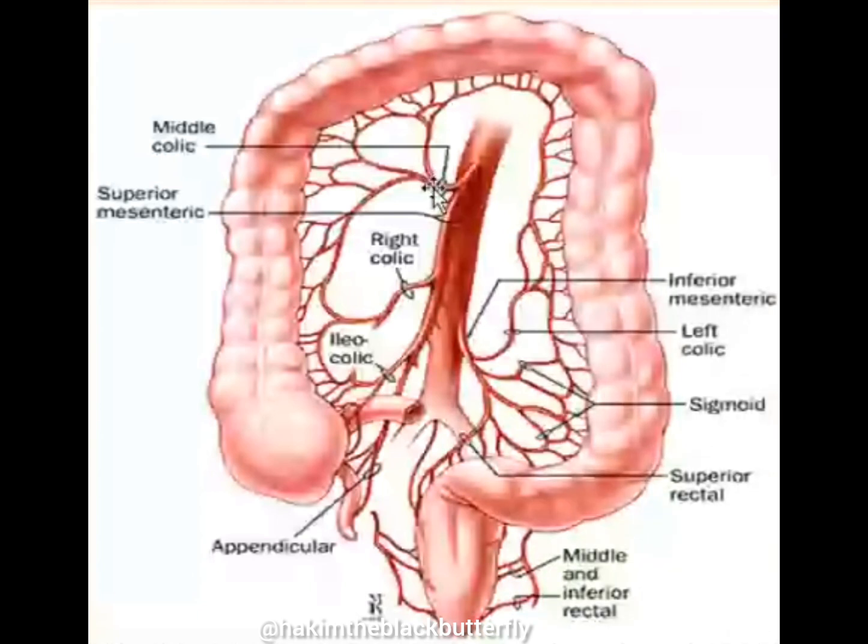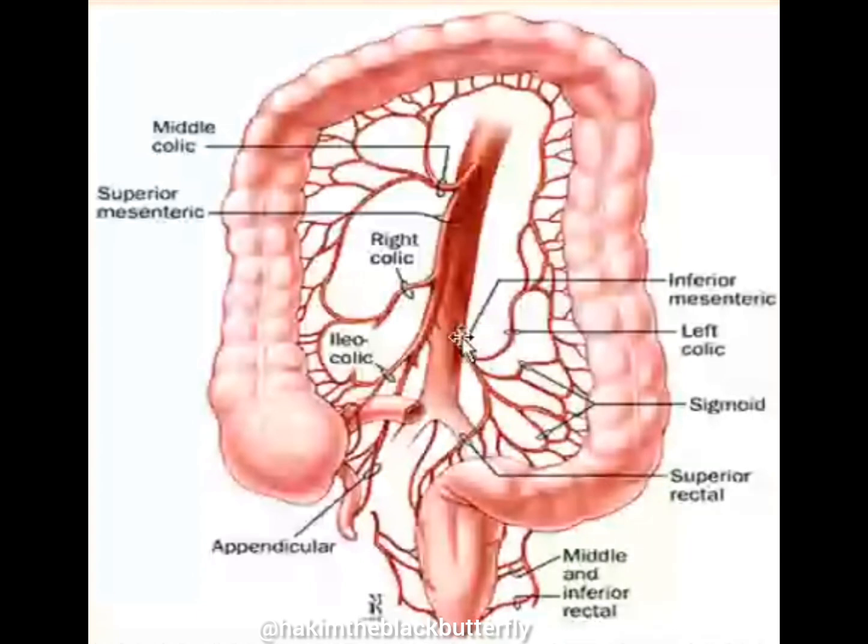the middle colic artery supplies the proximal two-thirds of the transverse colon. The distal third of the transverse colon is supplied by a branch from the inferior mesenteric.